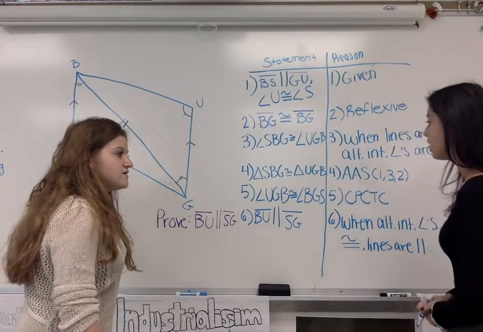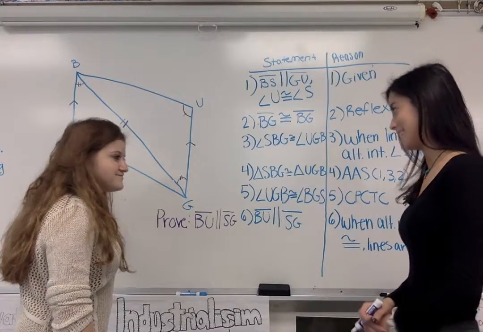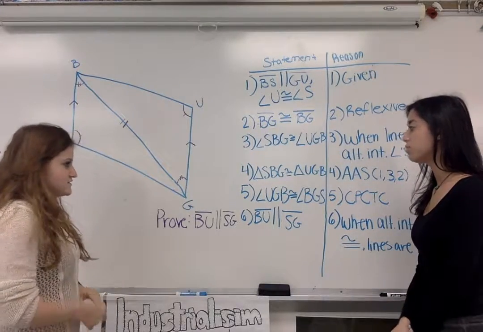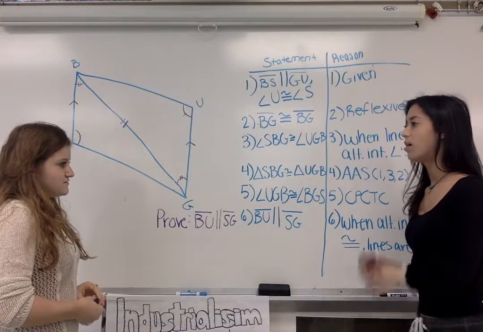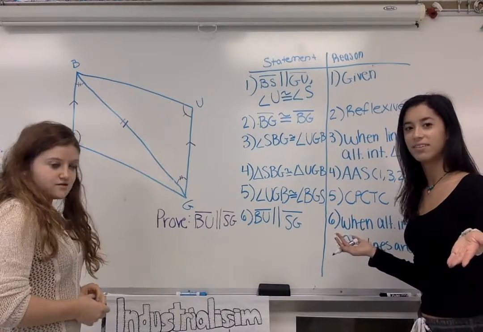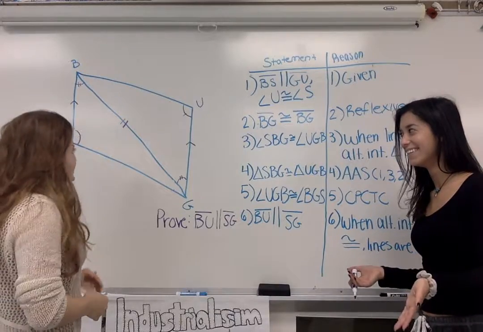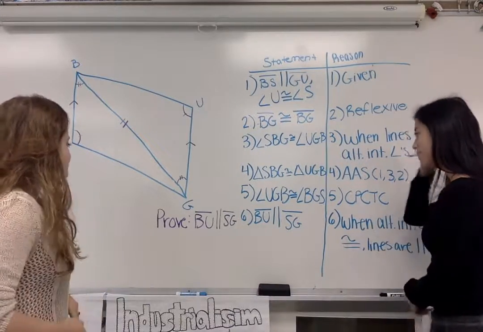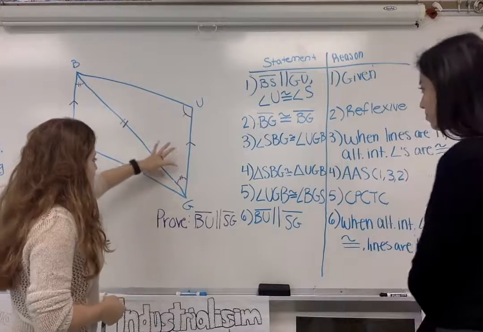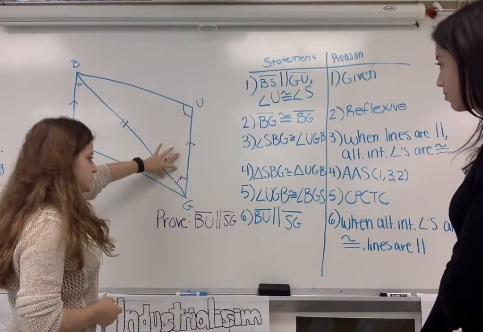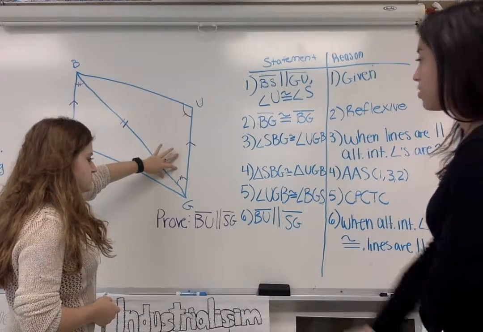I don't get it. So, the rule for CPCTC is when you have two congruent triangles, everything else is congruent. You get it? I do, but it still looks weird to me. Why are these two angles congruent to each other?